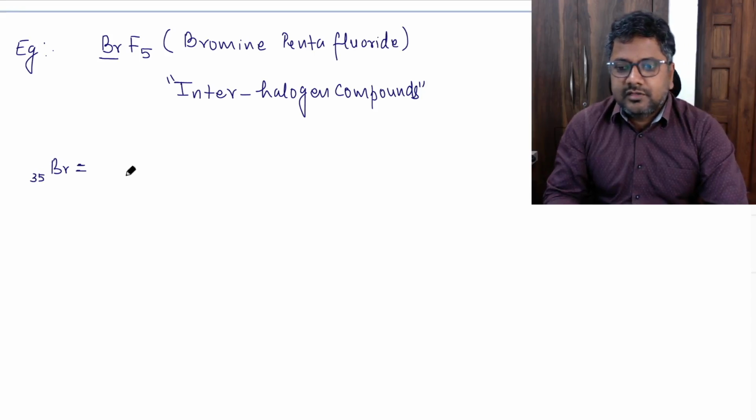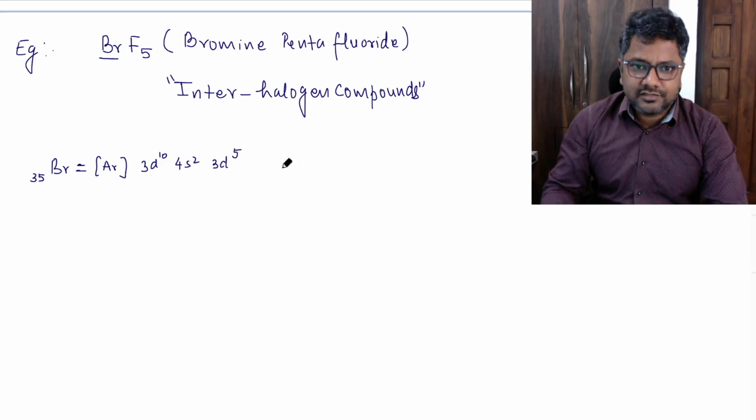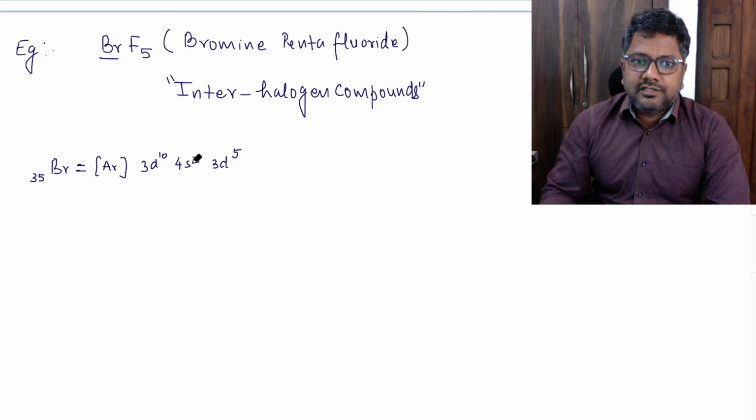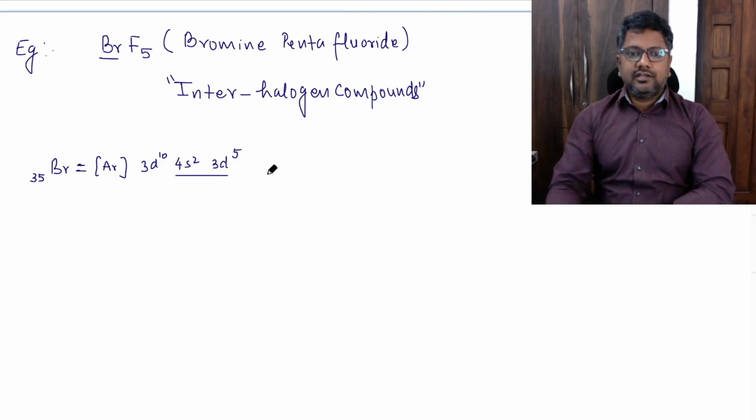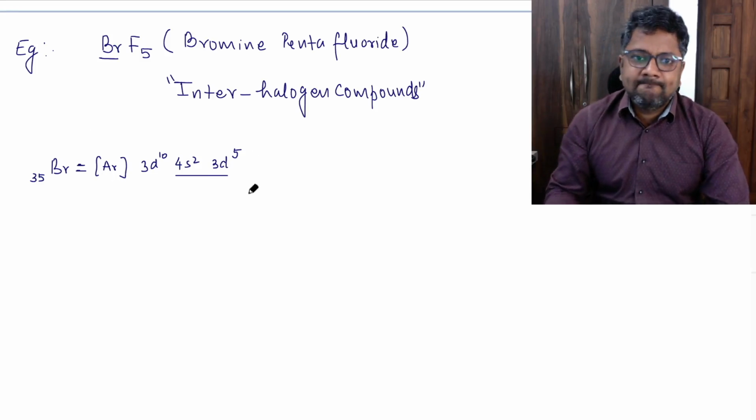So argon, 3d10, 4s2, and 4p5, right? So this is the valence shell electronic configuration for bromine, right?